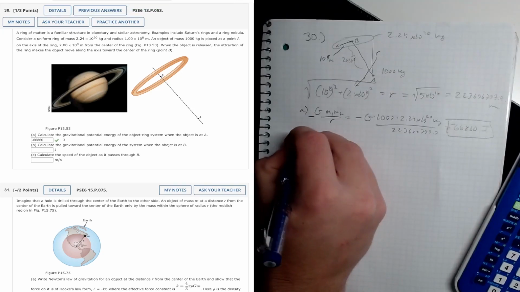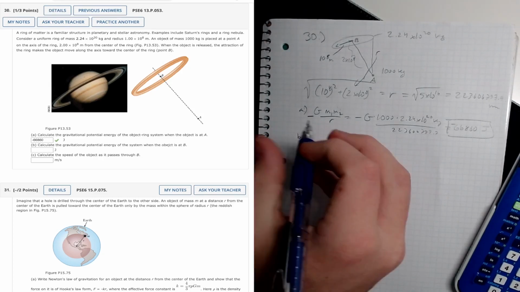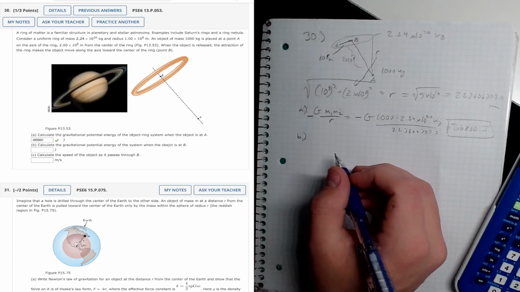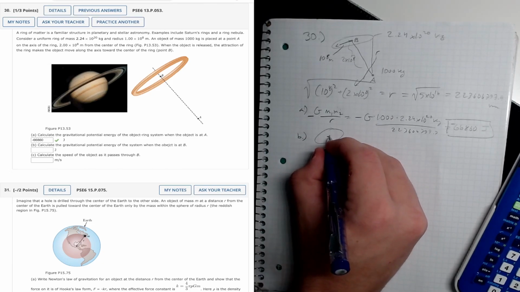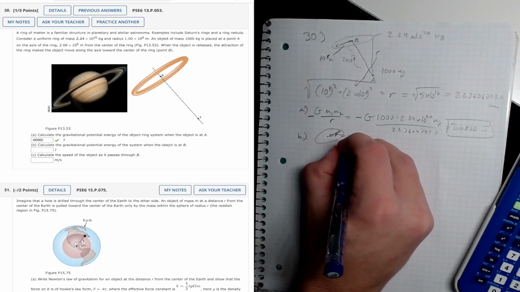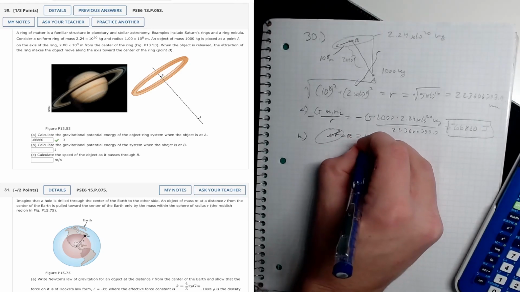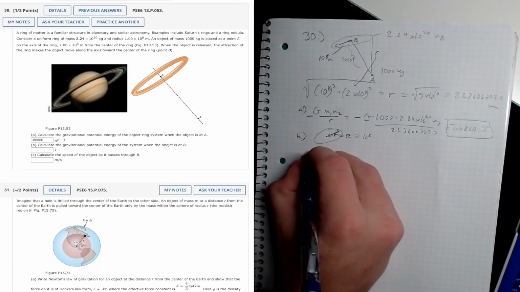Now for part B, let's do this. Gravitational potential energy with the system at a distance B. So in this case, it's here. This is going to be a value R right here, which is the radius, which is 10 to the 8th. Same process.